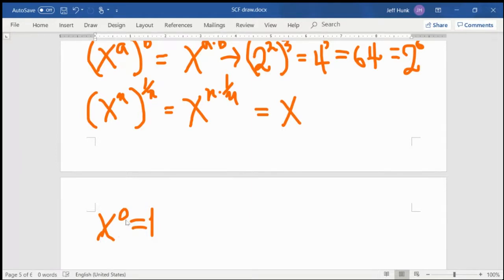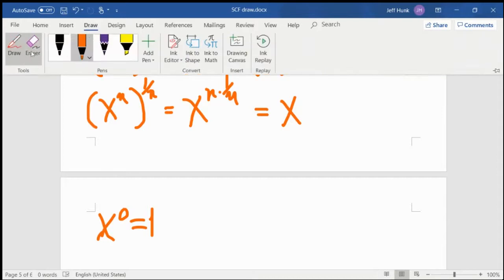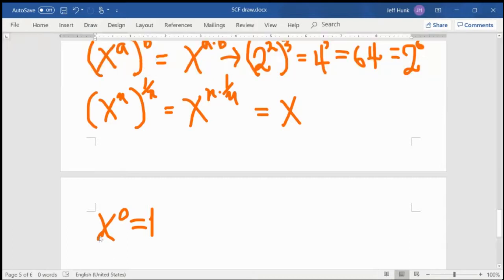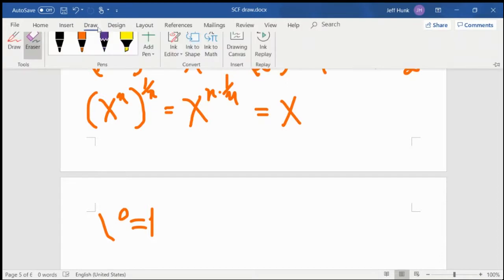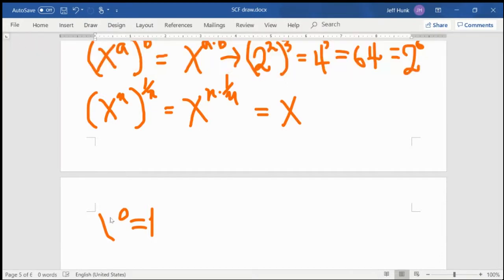Now, the reason that anything raised to zero is one, I'll explain using one of the properties that we used. There's something that bothers me, so let me clean that out. Okay. Now, why?